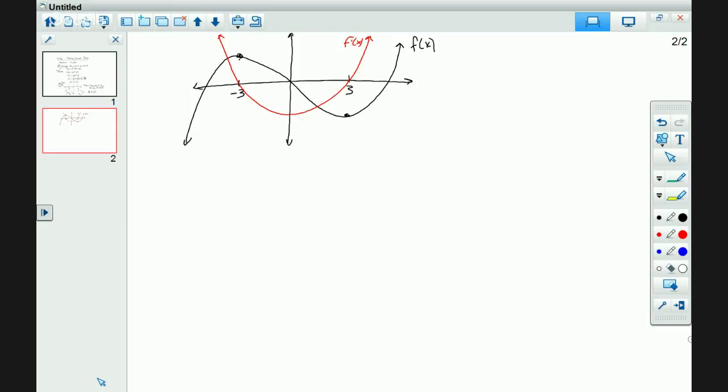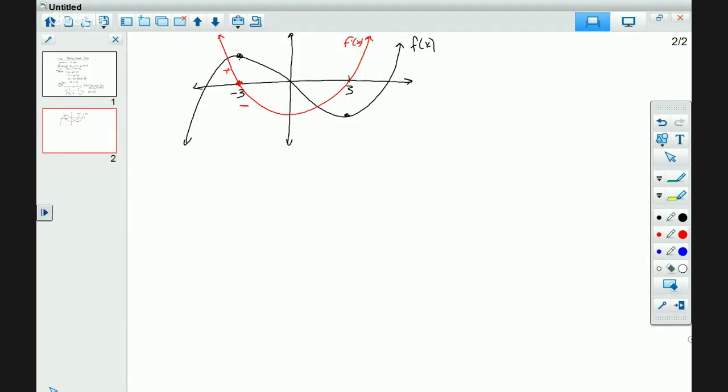So we have a maximum, right? The slope of this is positive, so the derivative value is positive. Here the slope is negative, so the derivative value is negative. So you can see that the derivative goes from positive to negative and has a 0. That will indicate a max.